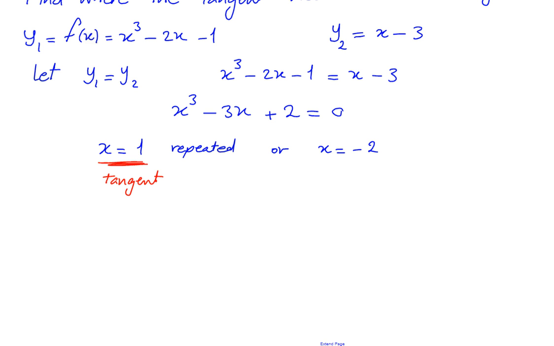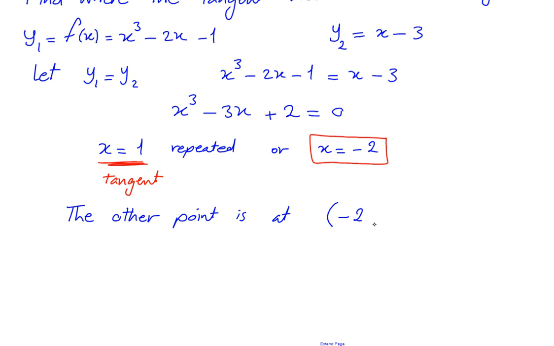This means the other point where the tangent meets the curve is at x equals negative 2. So the other point is at negative 2 and f of negative 2.